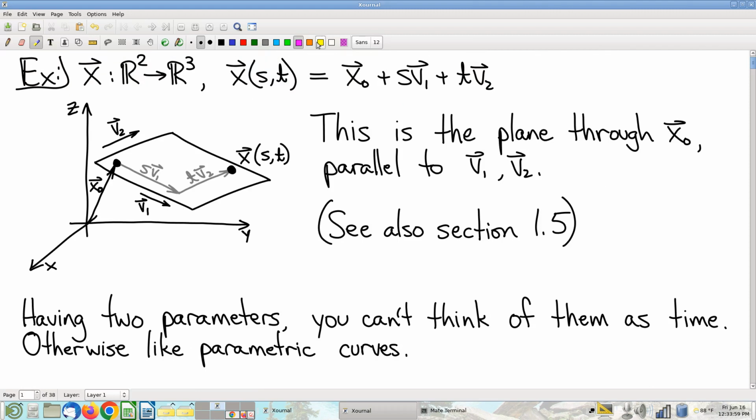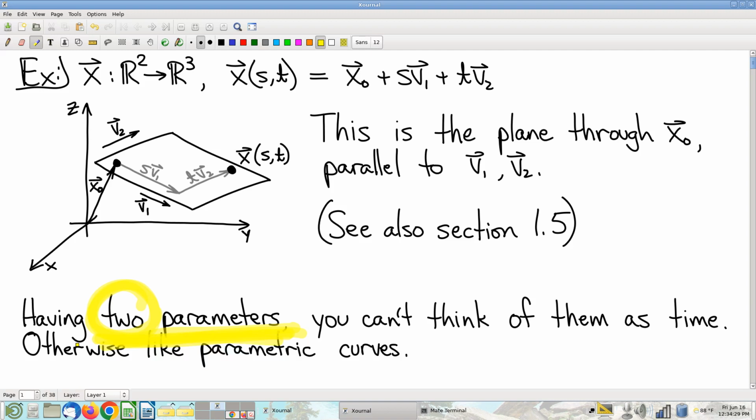Given that there are now 2 parameters, we do have to abandon one of our earlier perspectives on parameterizations. So parametric curves, of course, there's only 1 parameter, and with only 1 parameter, we have the flexibility to say, hey, you know what? I'm just going to view my parameter as being time. Very reasonable. But now that we have 2 parameters, I can't have them both be time.